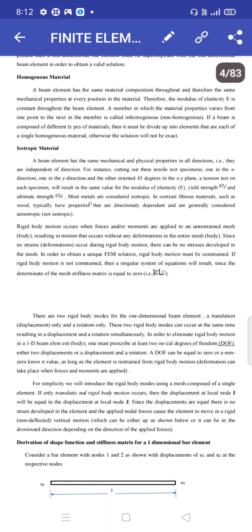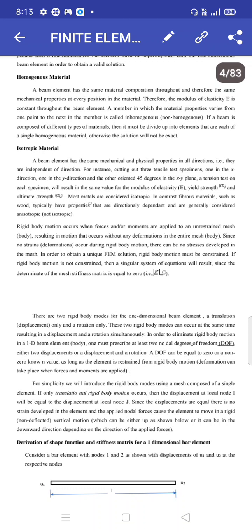Isotropic material: a beam element has the same mechanical and physical properties in all directions. That is, they are independent of direction. For instance, cutting out three tensile test specimens, one in x direction, one in y direction, and the other oriented 45 degree in xy plane, the tension test of each specimen will result in the same value for the modulus of elasticity, yield strength and ultimate strength.